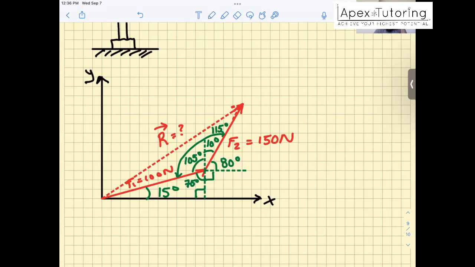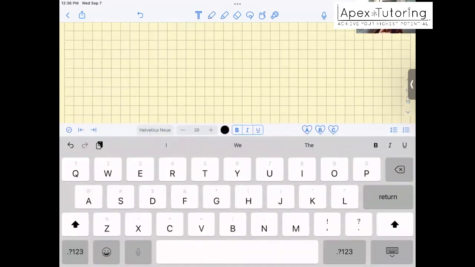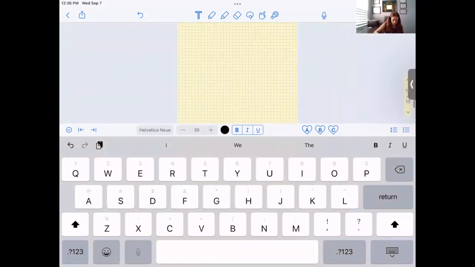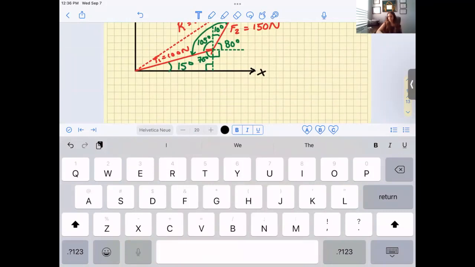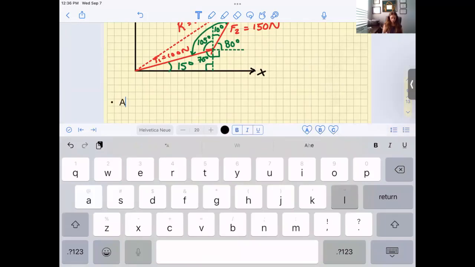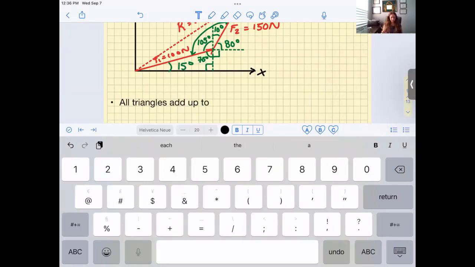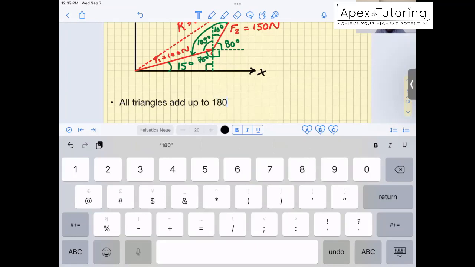Okay, so a few notes that you can write down to help yourself when you are labeling these pictures. All triangles add up to what? How many degrees? 180? Yes, add up to 180 degrees.